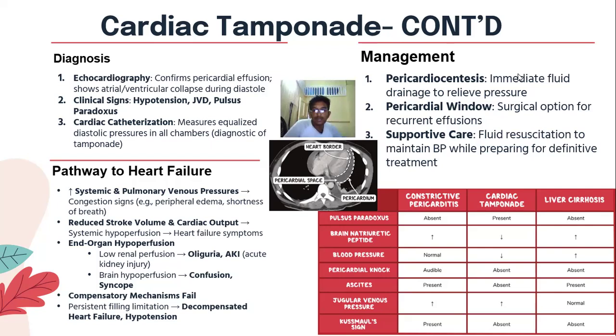During inspiration, the thoracic cavity expands, creating a negative pressure that enhances venous return to the right atrium and right ventricle. In a healthy heart, the septum shifts slightly to accommodate the increased right-sided filling, temporarily reducing left ventricular filling and causing a slight decrease in systolic blood pressure.